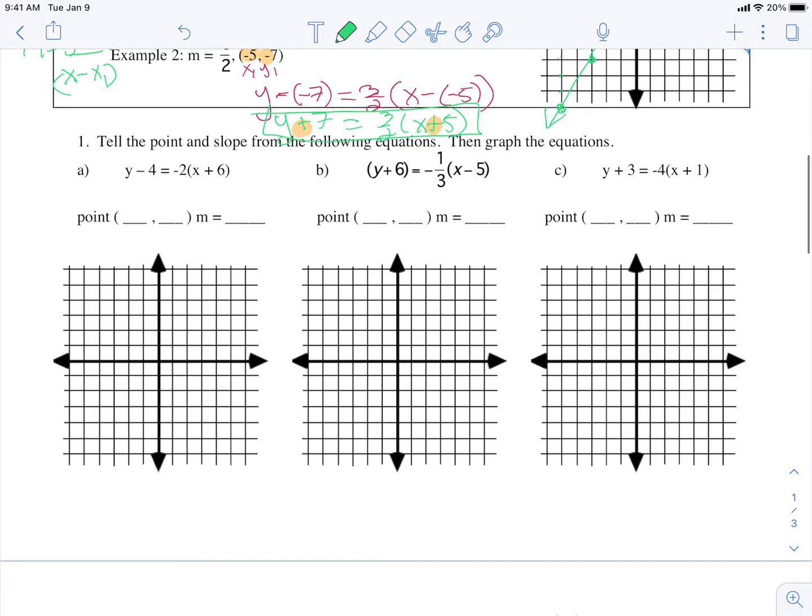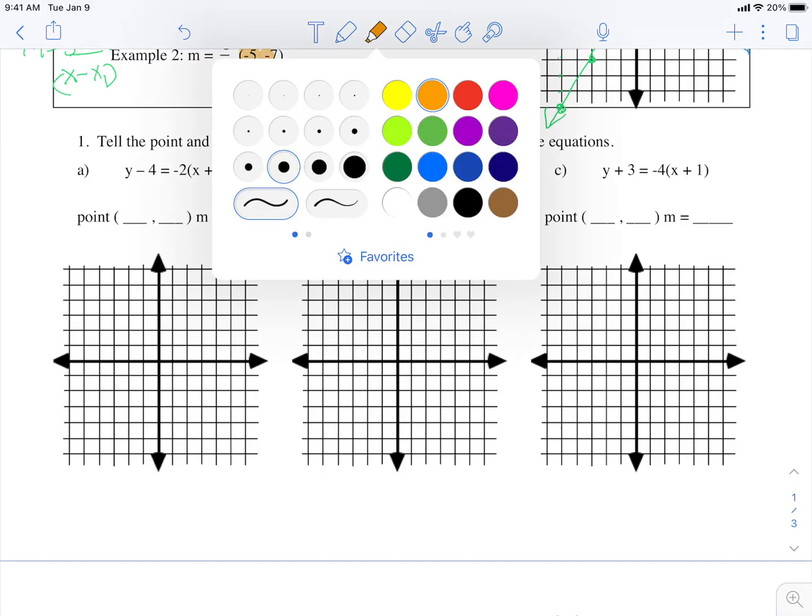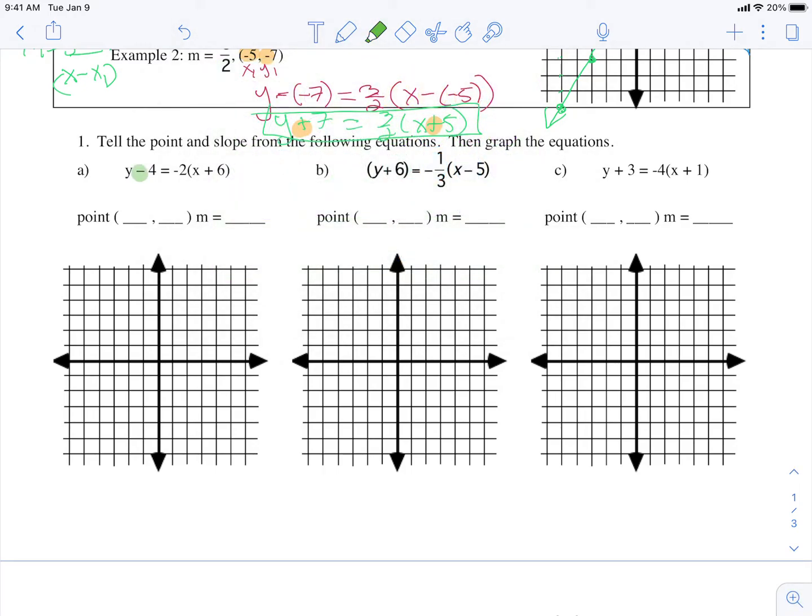All right, so now we're going to work backwards here. We're going to look at the equation, write down the point, and then write down the slope. But remember, it is the opposite. Opposite, opposite, opposite. So the point would be -6, 4, and the slope is -2.